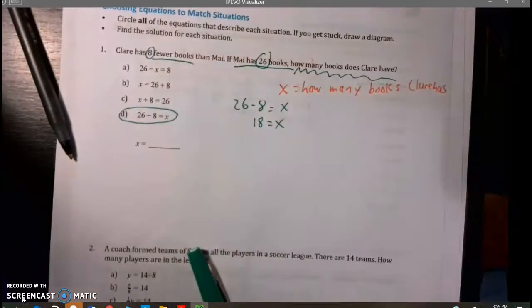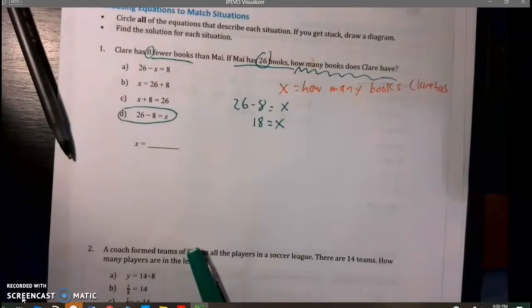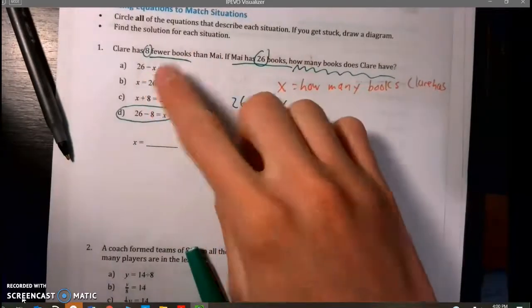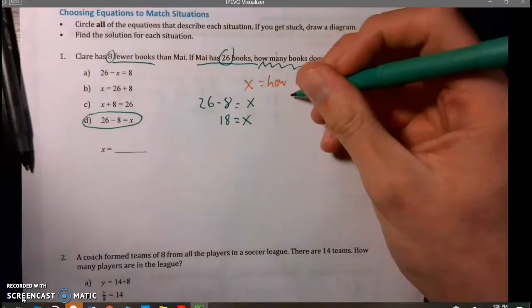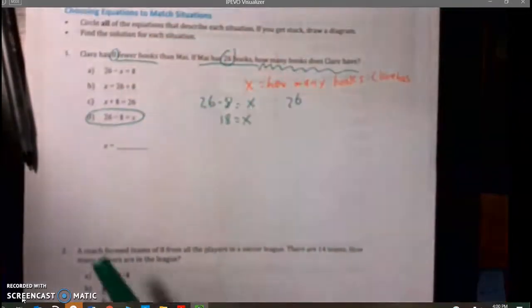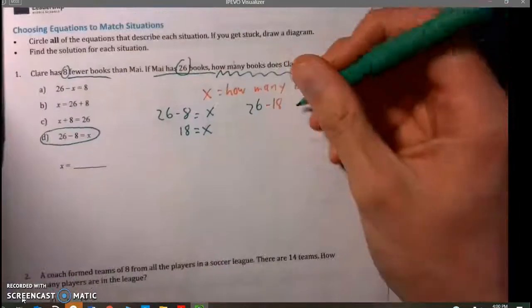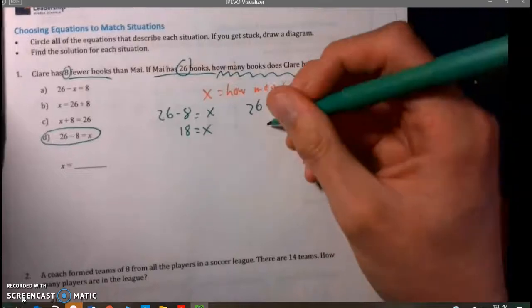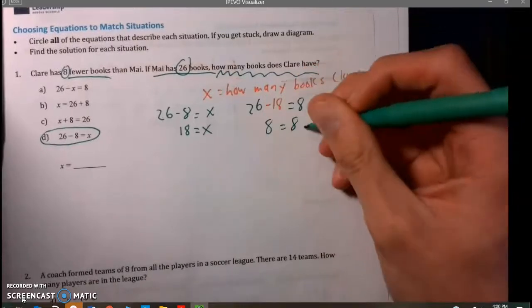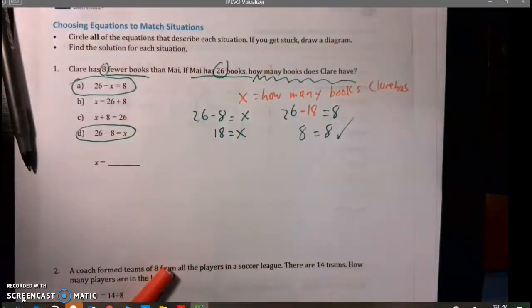If it gave us a true equation, then we know that it's equivalent. So, instead of 26 minus x equals 8, we're going to do 26 minus, we just said x is 18, so 26 minus 18 equals 8. Is that true? Sure is.